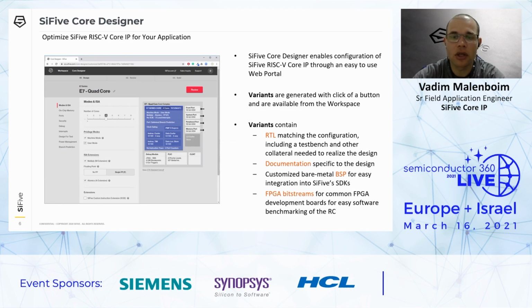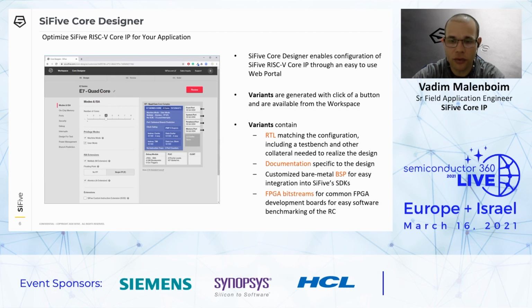That way, you are customizing a core based on your needs and application. You have the ability to add or remove RISC-V extensions, configure the different ports and memories coming out of the core cluster, and decide which debug options you want to be implemented.